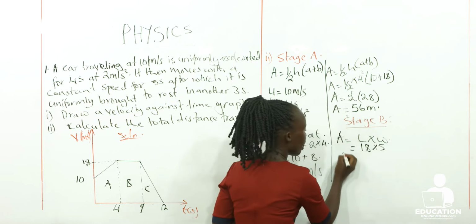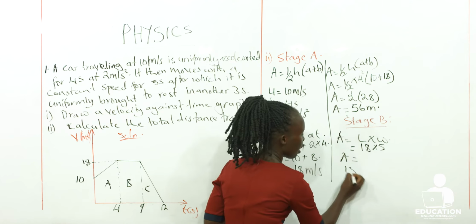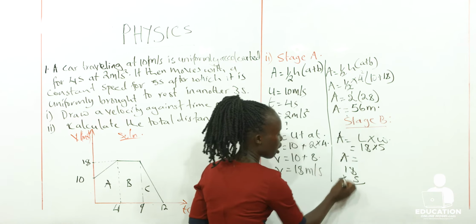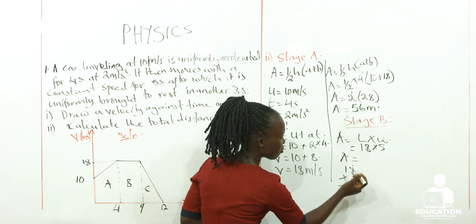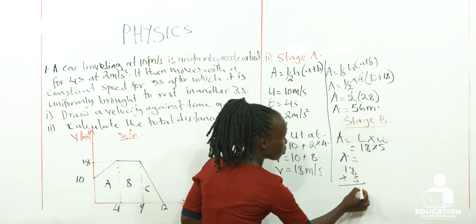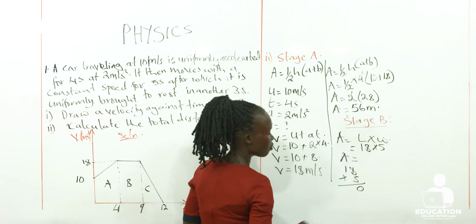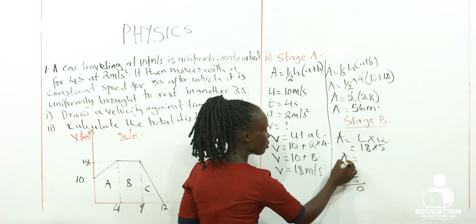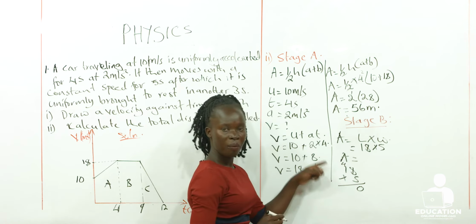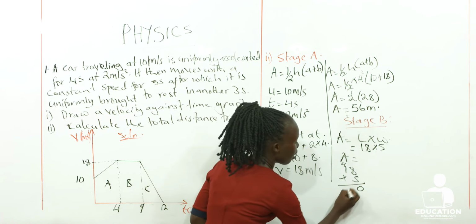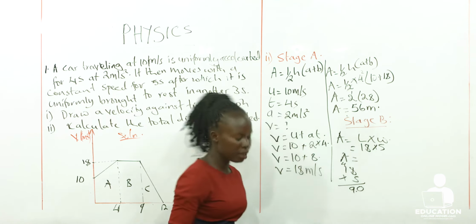So what is our area here? It will be 18 times 5. What shall we have? 5 times 8, what will you have? You will get 40, which is 0, then you carry 4. Then 5 times 1 is 5, plus 4 is 9. So which is 90.